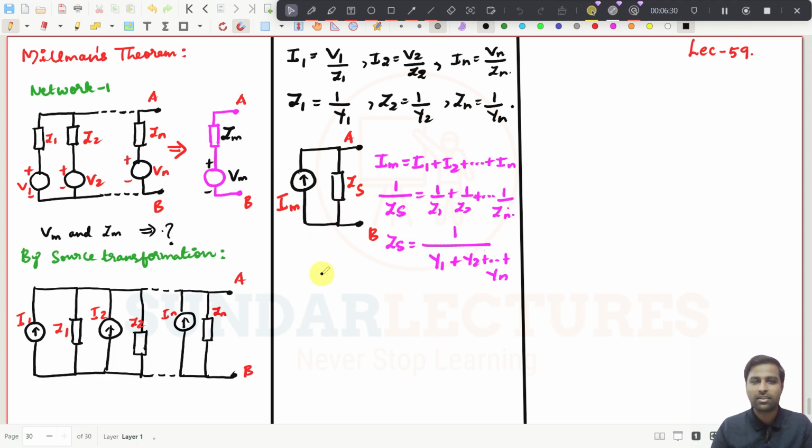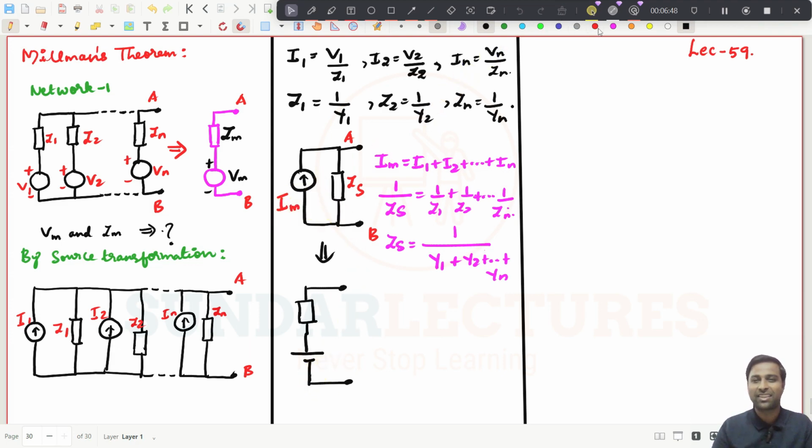See how I can draw this one. I have just drawn it across point A and point B.